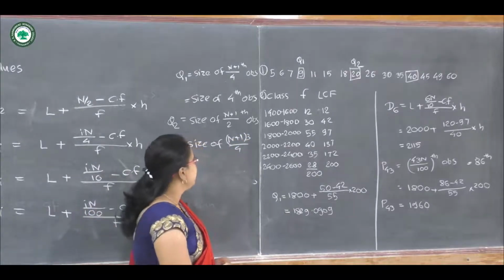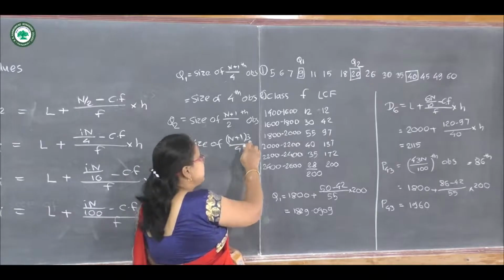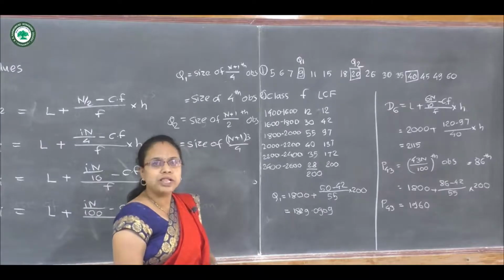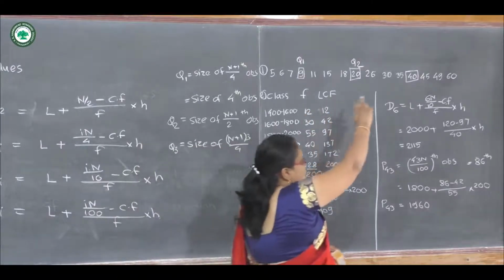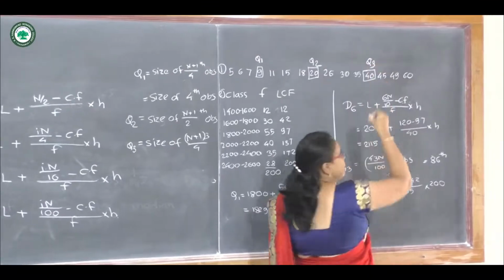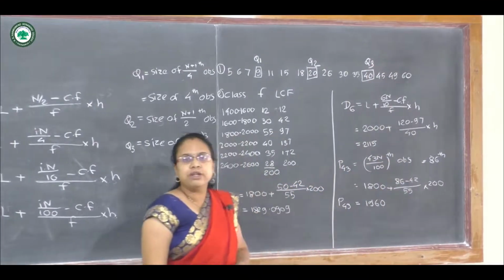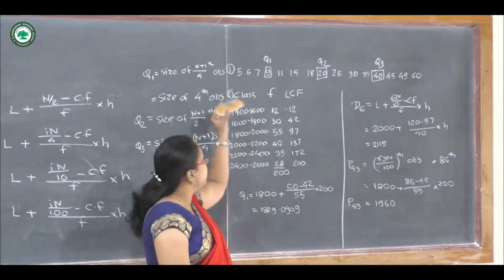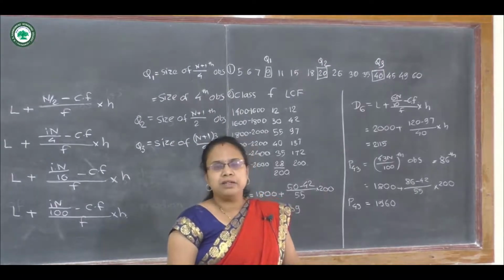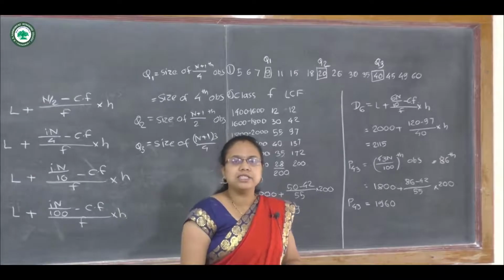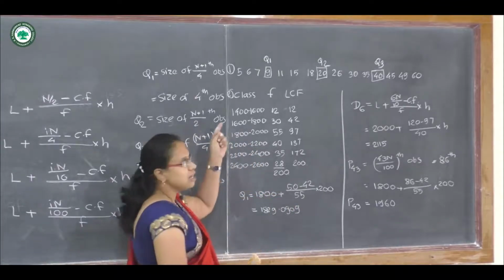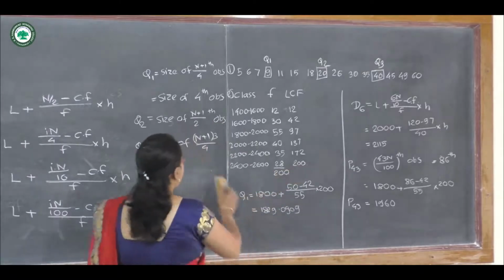So this will be 16 into 3 upon 4, so the size of the 12th observation. So count it and we will get the 12th observation is 40. So Q3 will be 40. So this is the first example to find the quartile. In a similar manner, we can obtain deciles and percentiles also. So let's see the next example.